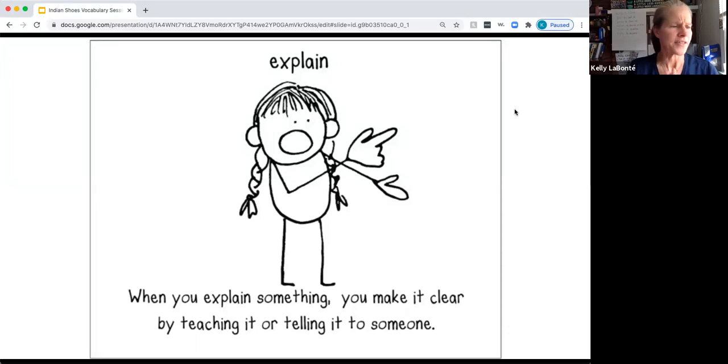So let's think. We're going to think thumbs up if I say something that makes you think of explain, and you're going to give a reason why, or thumbs down if you don't. Are you ready? Here we go. When you don't know the answer to a math problem, would that be something that makes you think of the word explain?